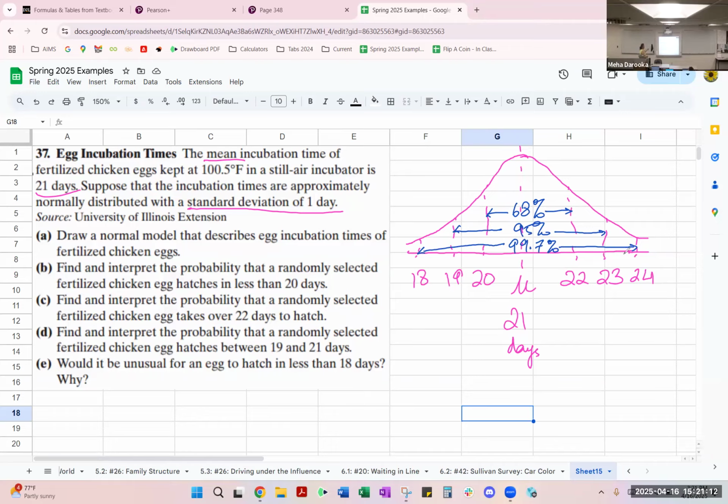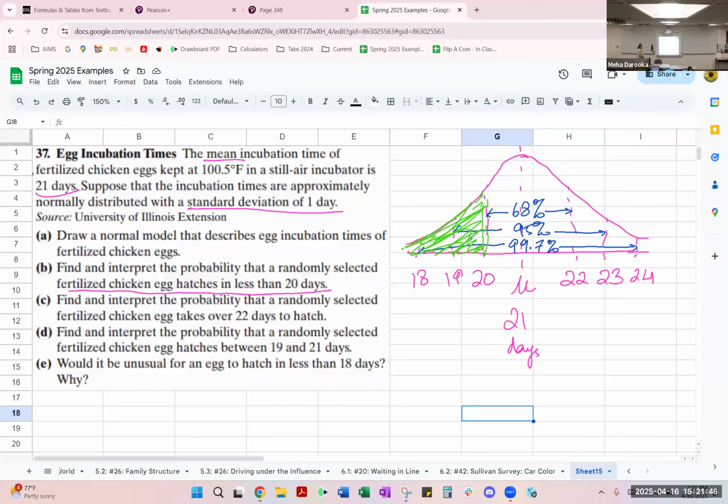So here you can see we are given the same values as what we are seeing at 1, 2, 3 standard deviations away from the mean. The first one is asking for a fertilized chicken egg that hatches in less than 20 days. So less than 20 days is going to be from here all the way to the end, right? It's going to be this little section over here.